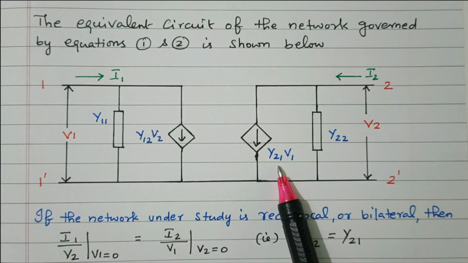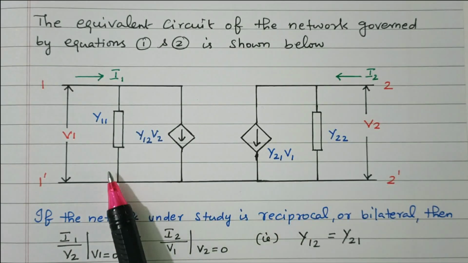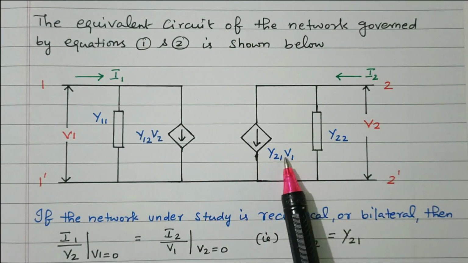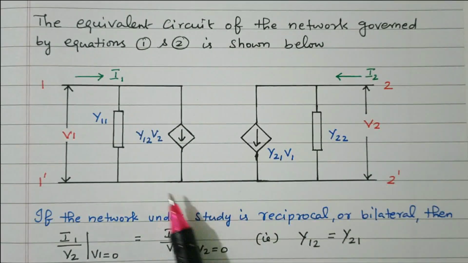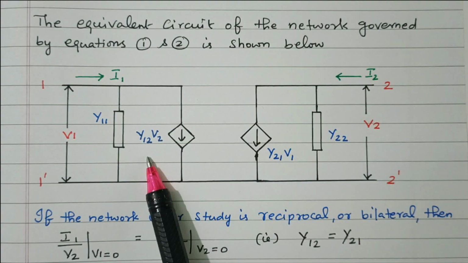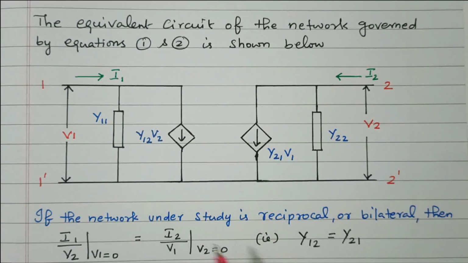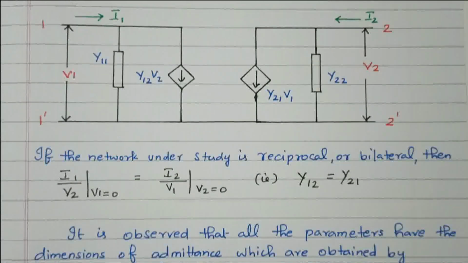Similarly Y21 into V1: Y21 is the short circuit forward transfer admittance, right? So this is the input admittance, output admittance, and these two are transfer admittances. Y12 is the reverse transfer admittance, Y21 is the forward transfer admittance. So we are able to complete the equivalent circuit. Now we'll see further detail.